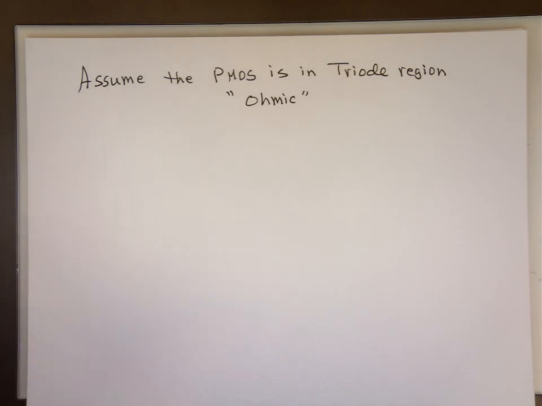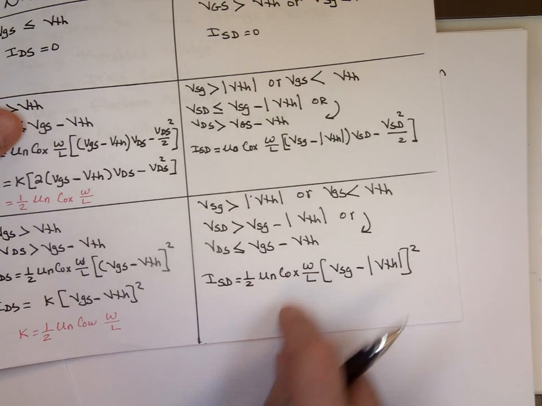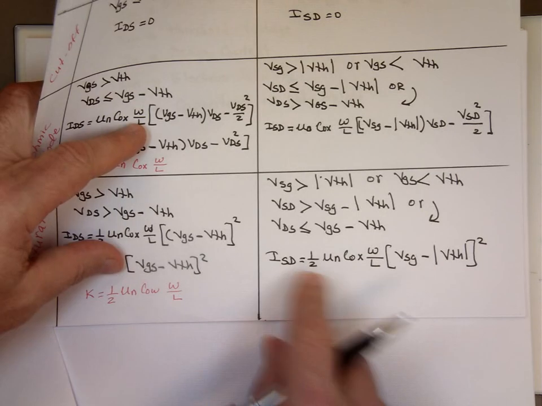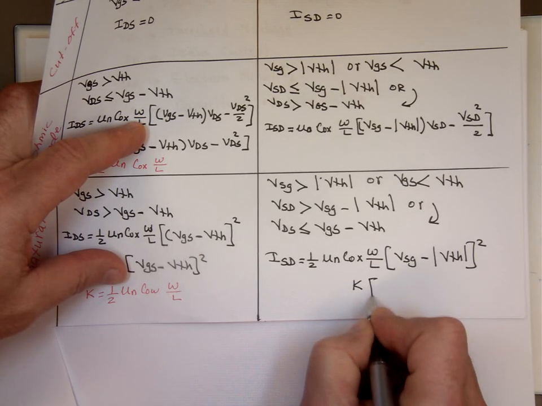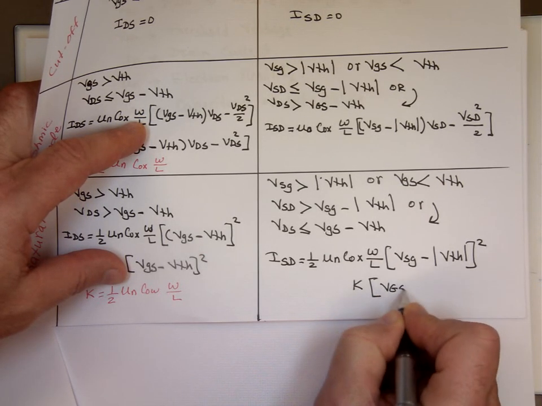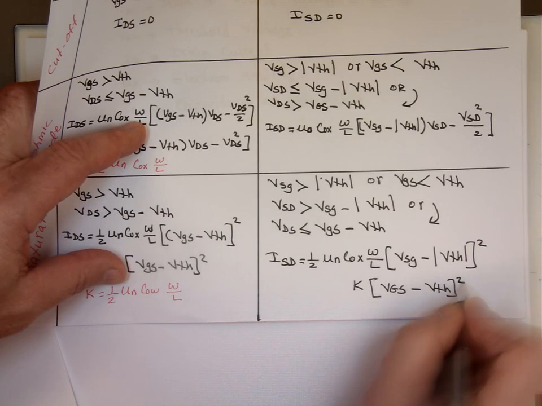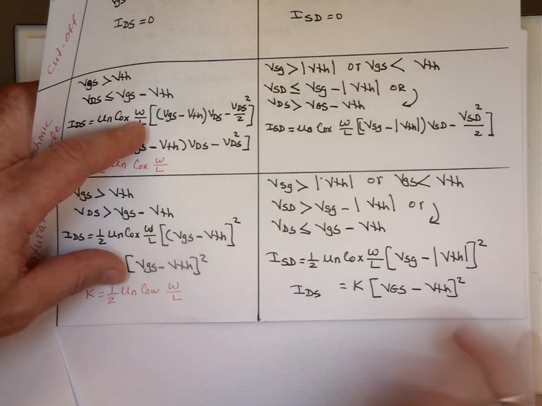And if you're in the ohmic mode, let me see if I can find my equation. My current, notice, is different than the current here. In this one, this is really K times VGS minus V threshold squared, I sub DS. Instead of SD, I'm reversing them.